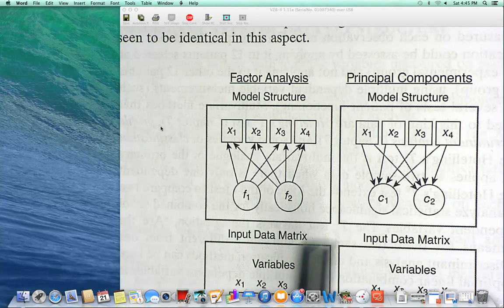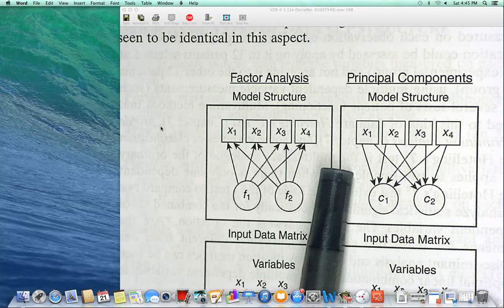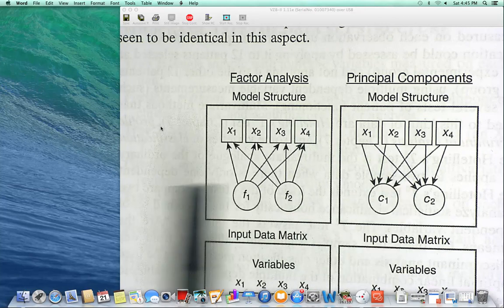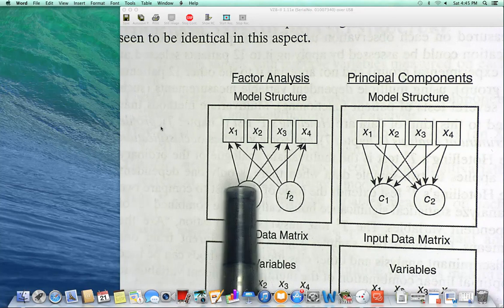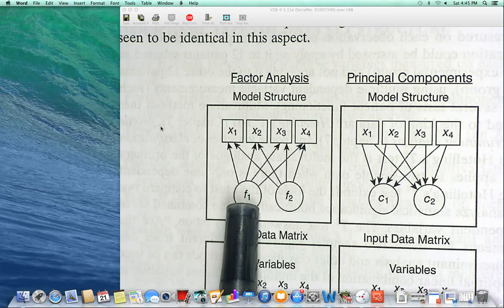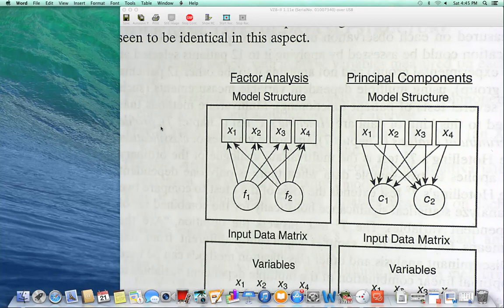Now, the lines here on principal components will have values, and these values on them are the correlation coefficients, and easy to interpret. A little bit different with factor analysis. But this is the way I like to think of it. Just notice the direction of the arrows. In factor analysis, the latent variables are driving the responses, whereas with principal components, we're getting a summary there.